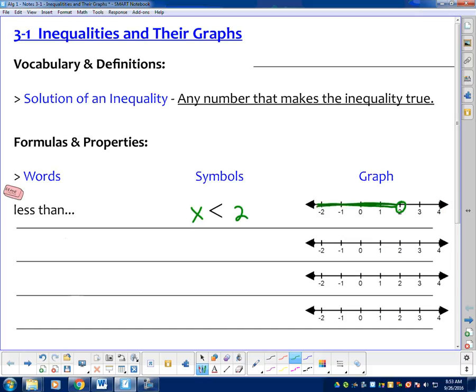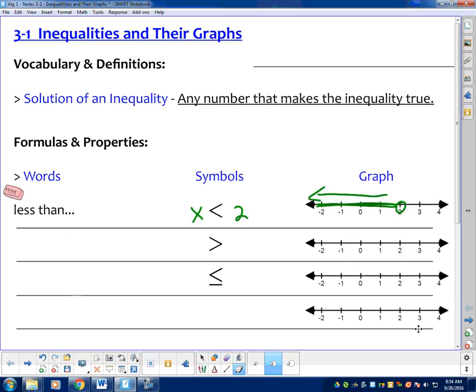And so you can see here we read from left to right. If the variable is on the left, then the arrow here, the less than, actually points in the same direction as the graph as we shade it. So that's x is less than 2.